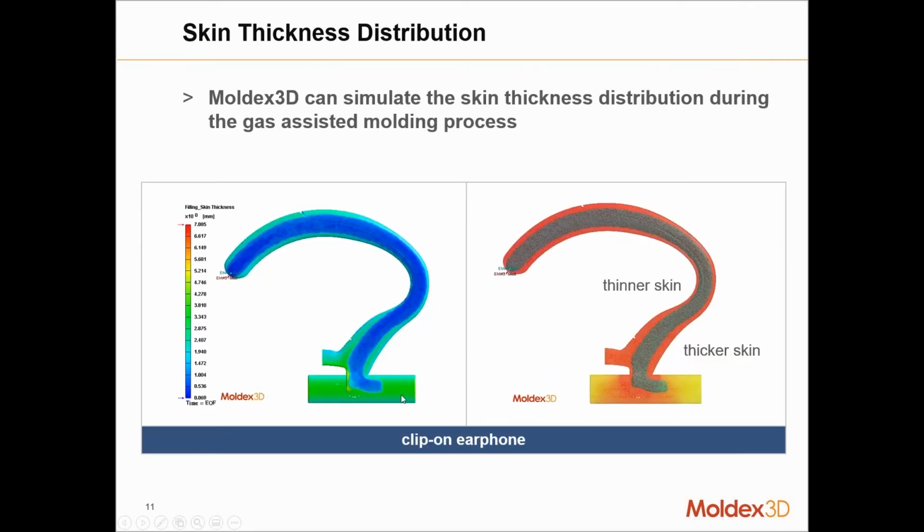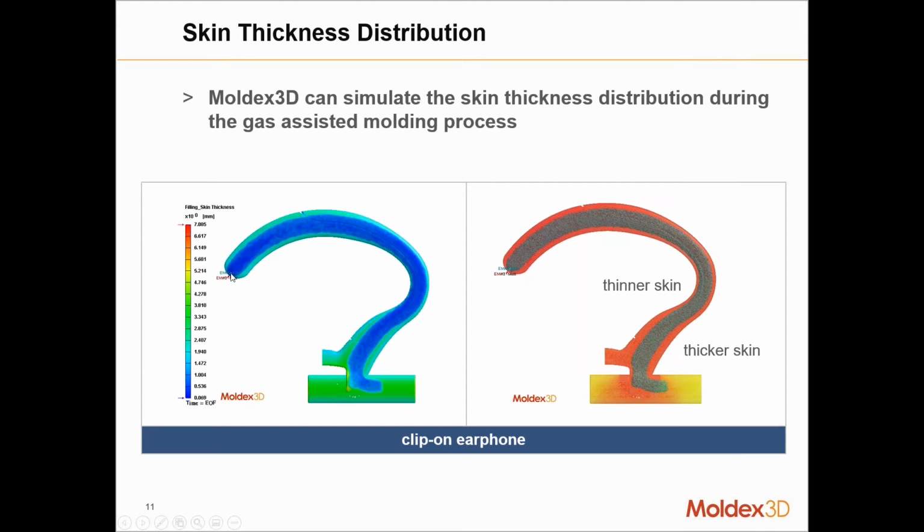All right, and then the last one that we typically look at, one of the most important ones here, is the thickness distribution on the skin. So when we're injecting this air through our part, our part thickness is going to be reduced in that region where the air is injected. Like I mentioned before, that's one of the strengths of running the gas-assisted injection molding simulation, being able to predict where this gas is actually going to end up.